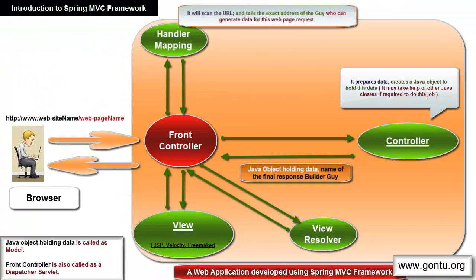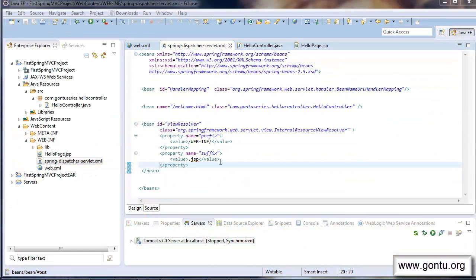In this workflow diagram, once the front controller receives the model and view object returned by the controller class, it will need to find out the exact location of the view present in the system using the view resolver classes which are provided by Spring MVC framework. And that's what is happening over here.